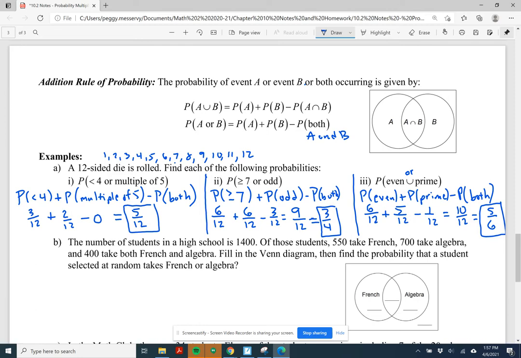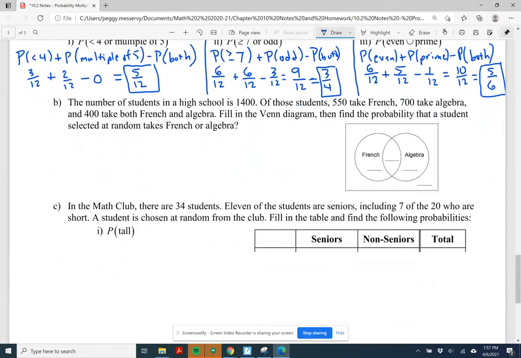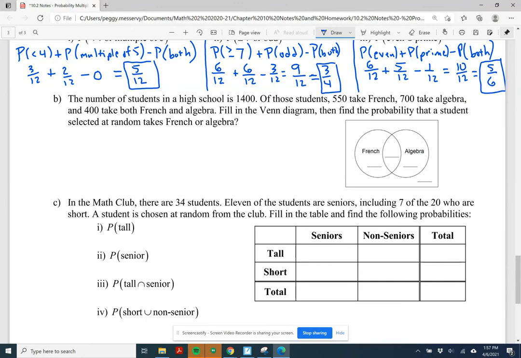Okay? All right, next example that we're going to do is going to involve a Venn diagram. All right, so the number of students in a high school is 1,400. Of those students, 550 take French, 700 take algebra, 400 take both French and algebra. We're going to fill in the Venn diagram, then we're going to find the probability that a student selected at random takes French or algebra.